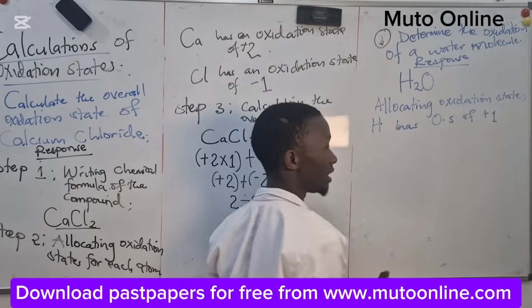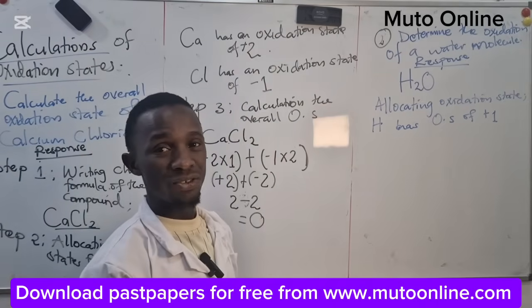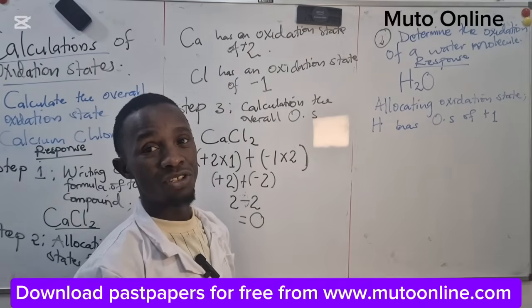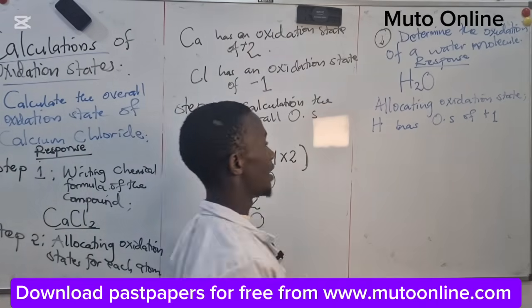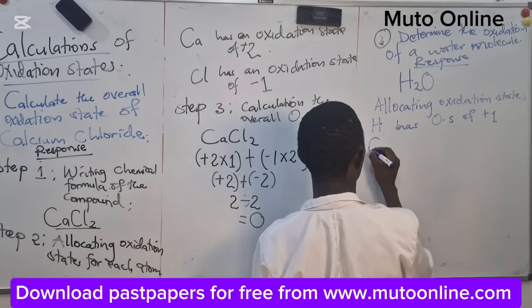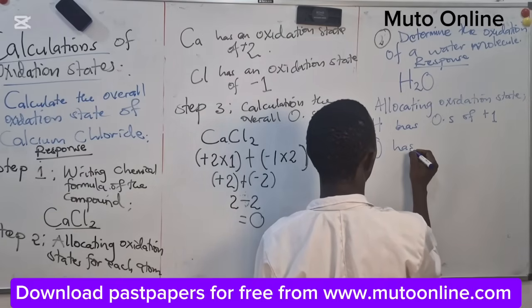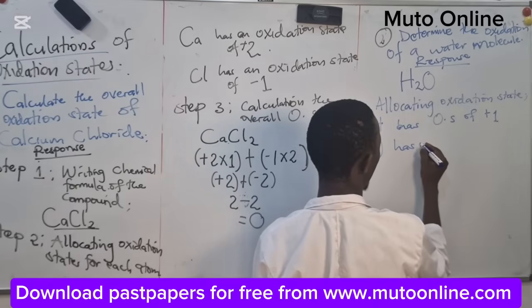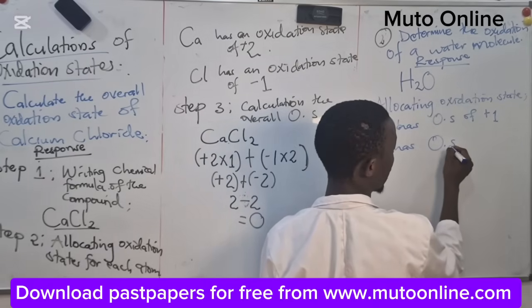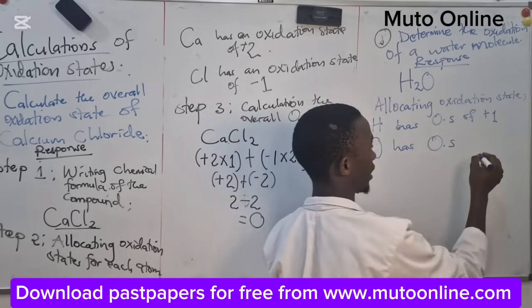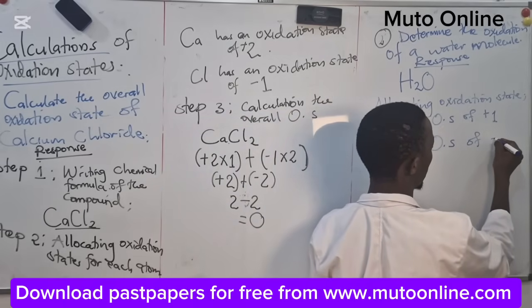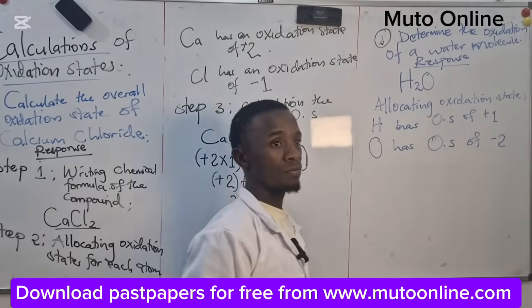Why? It has 1 electron it is ready to share with others. And then oxygen, this time it is not a peroxide, has an oxidation state of negative 2.